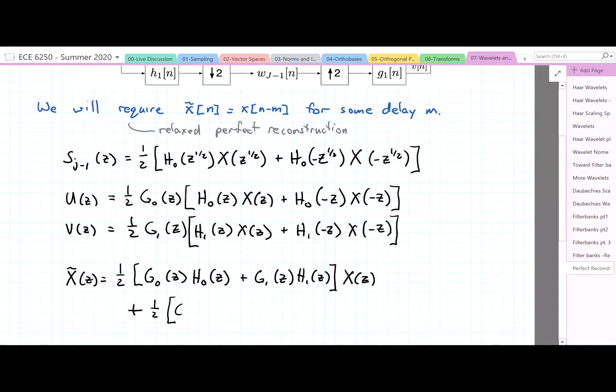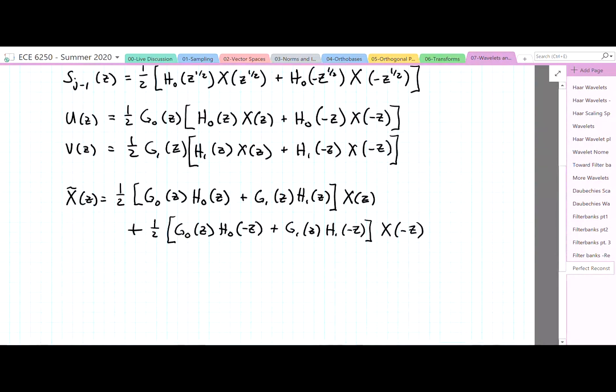And here we have these other funny terms, G0 of z H0 of minus z, so that was one of our aliasing terms, and G1 of z H1 of minus z, so it's going to give us another aliasing term, times X of minus z. And we want this to be equal to z to the minus m X of z.